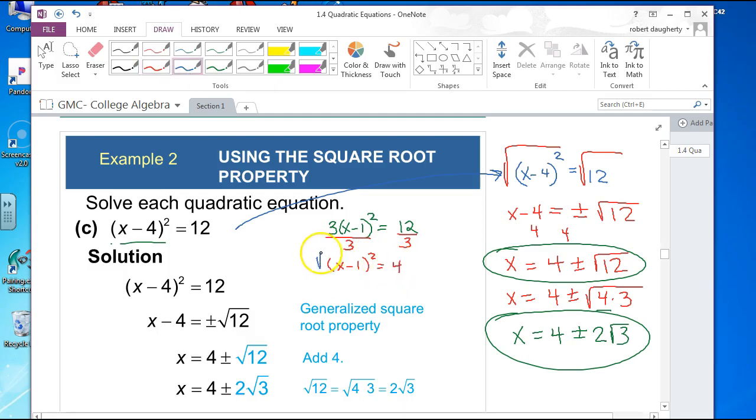Now I take the square root of both sides, so I get x minus 1 equals plus or minus the square root of 4, which is 2. So x equals 1 plus or minus 2. What's 1 plus 2? That's 3. What's 1 minus 2? That's negative 1. So your answers there are 3 and negative 1.